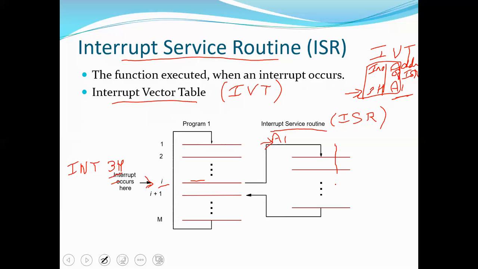The execution of these statements takes place, meaning the interrupt is handled or resolved. The control comes back to the next statement which has to be executed. So that is the interrupt vector table and the interrupt service routine, a function which is executed to handle the interrupt.